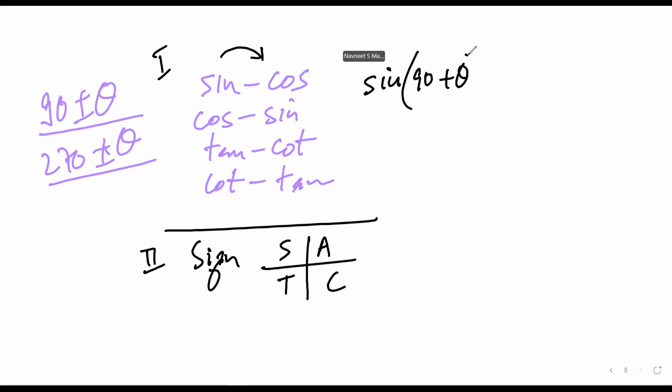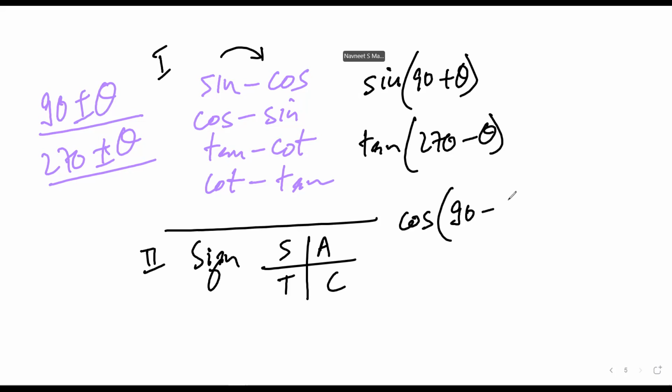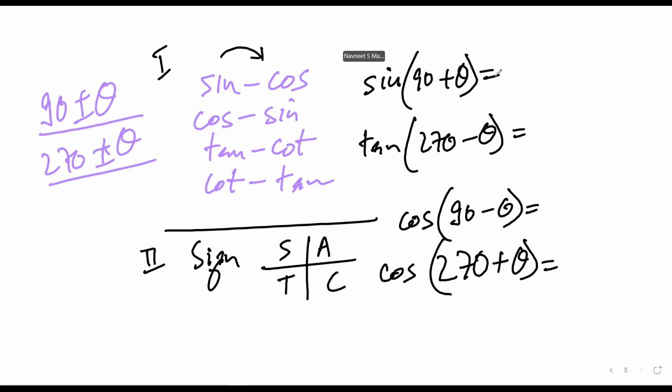Sine 90 plus theta, tan 270 minus theta, cos 90 minus theta, cos 270 plus theta. I will just add here that cosecant will change into secant and secant will change into cosecant.